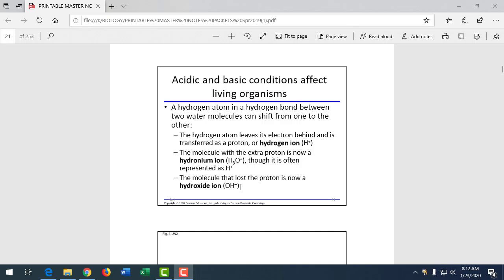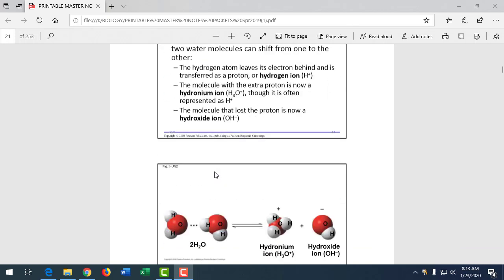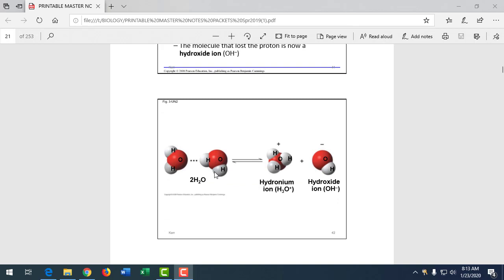But if I have hydrochloric acid, HCl, and I put that in solution, it's going to break up into H plus and Cl minus. There's nothing to balance that H plus. The Cl minus does not neutralize the H plus, so that's an acid because I have excess H plus in the solution. And pH is just a measurement of how much of that H plus is in the environment.